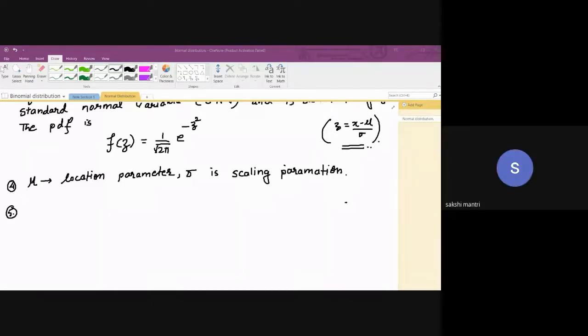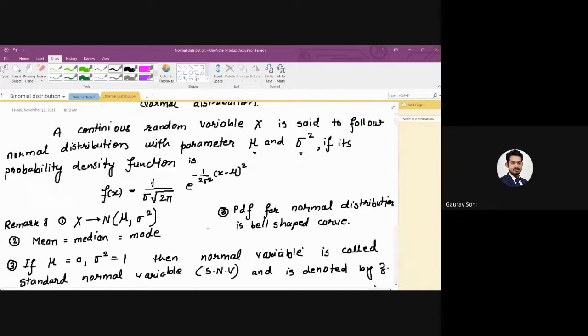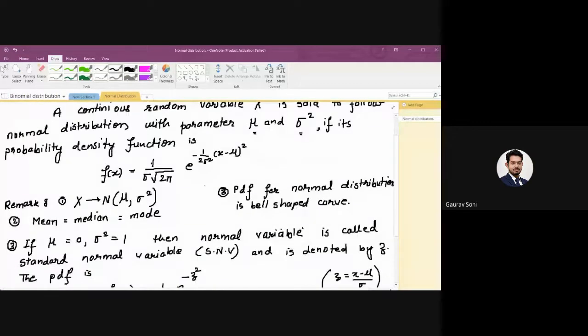F of x should be greater than or equal to 0, the first thing. And second, the integration of f of x from minus infinity to infinity should be 1. Exactly. So for the first condition, we can look at the function f of x.